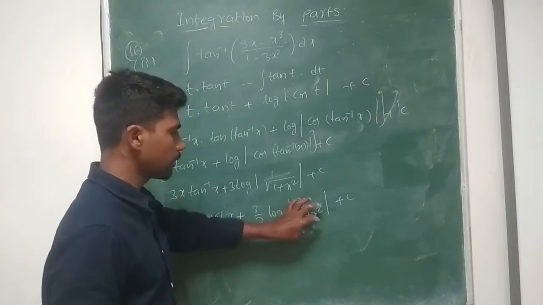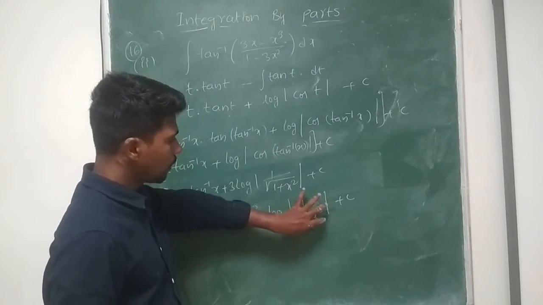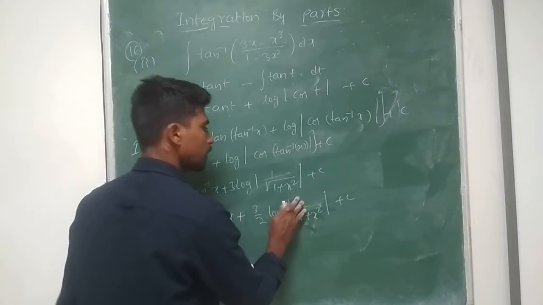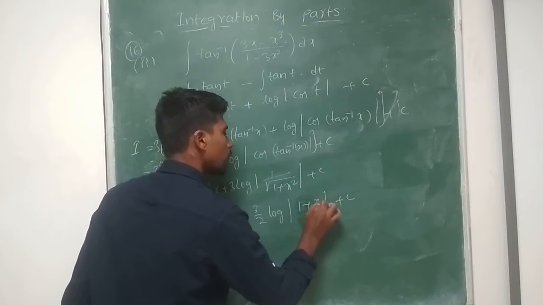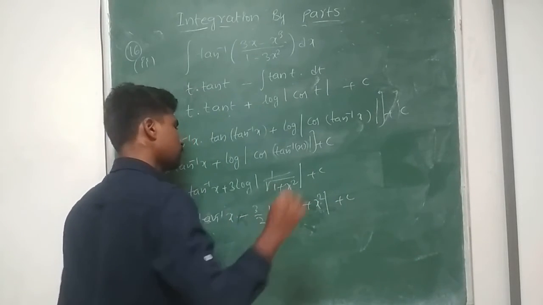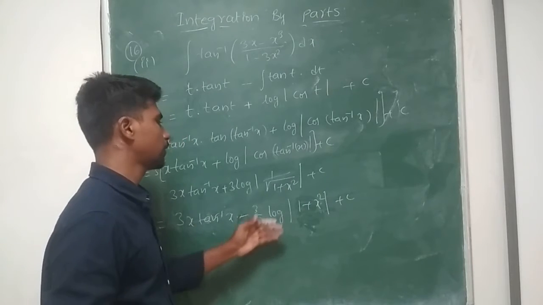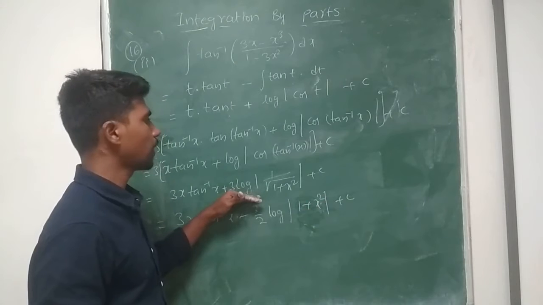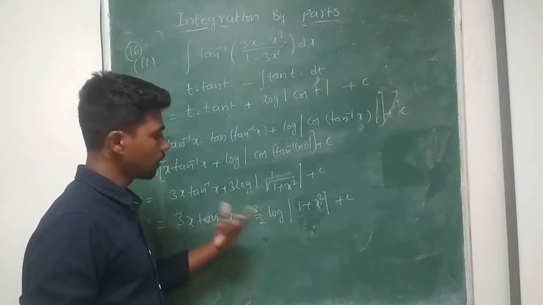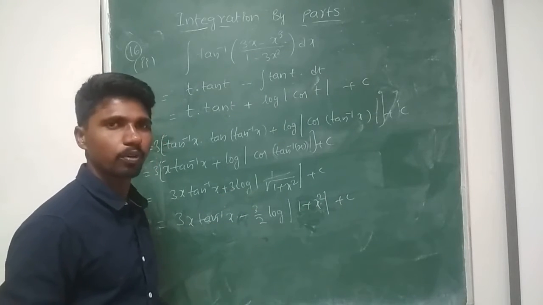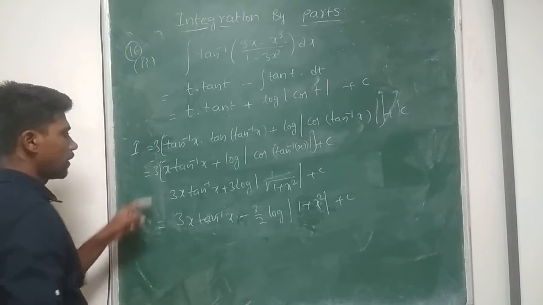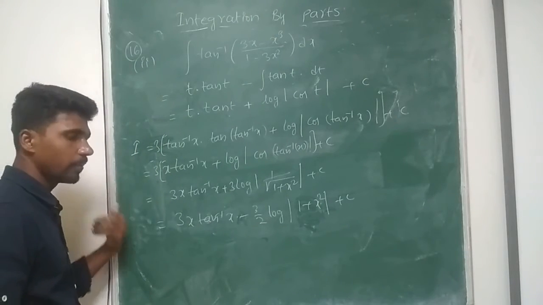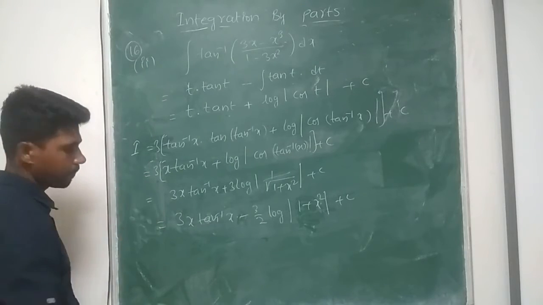Still, if you don't want to write this as 1 by 1 plus x square, we can rewrite it as 1 plus x square power minus 1, so the minus comes outside. So minus 3 by 2 into log modulus of 1 plus x square plus c. So this is one answer and this is the next answer. Based on the options we have, we can choose. And we carry forward this 3; that's what I added. Going to the previous steps, we can find this out.